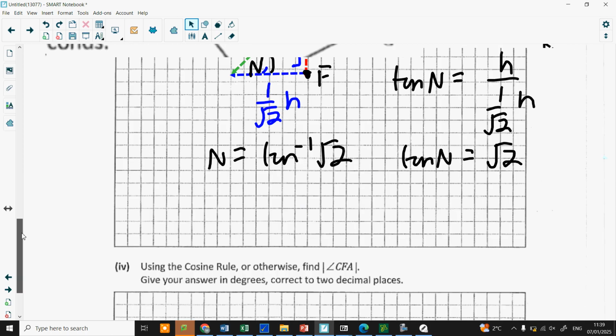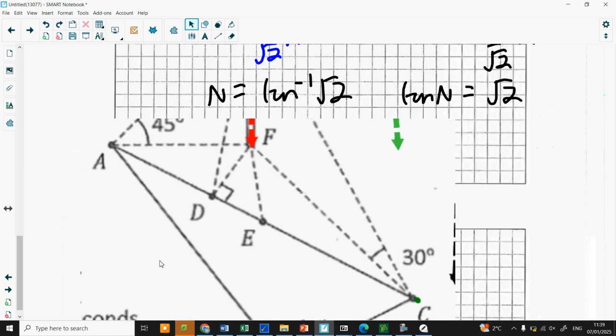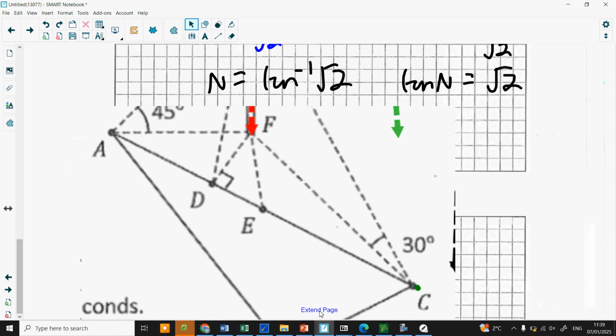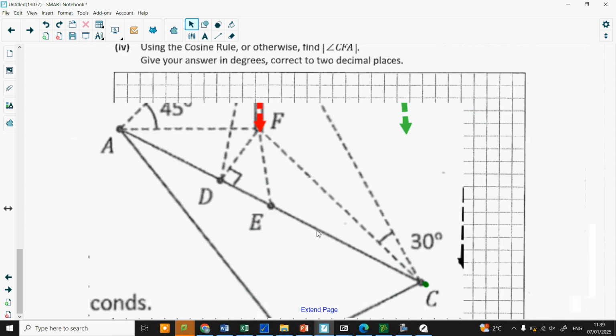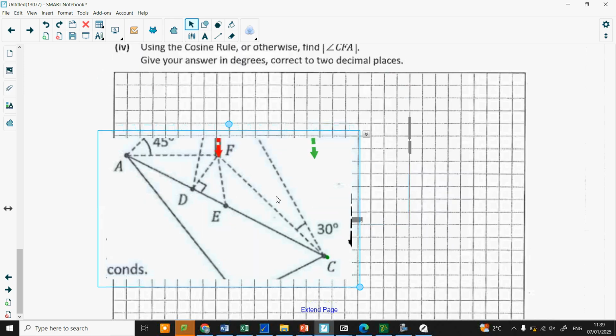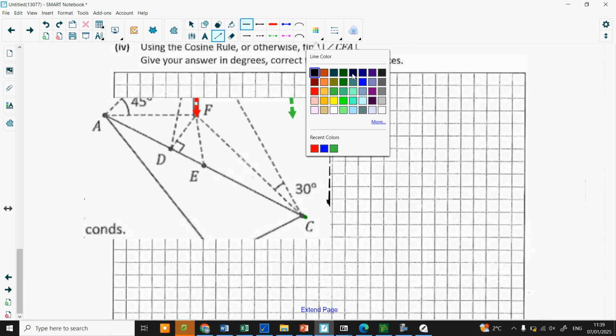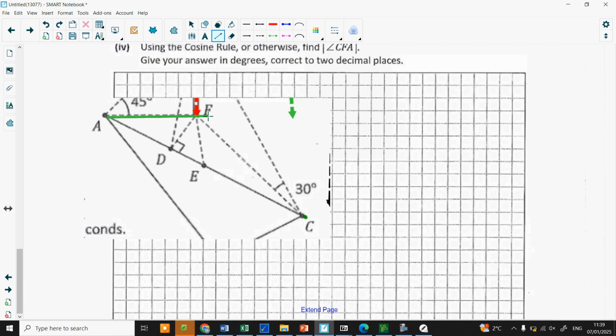So we're talking about CFA. Okay, so I'm just going to drag this down. Everybody see CFA? I'll color it in first. Yeah, CFA is this one here.